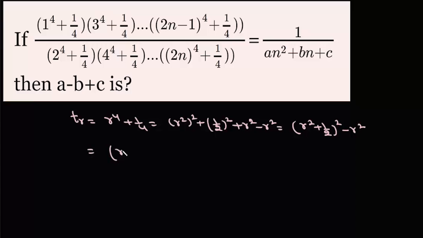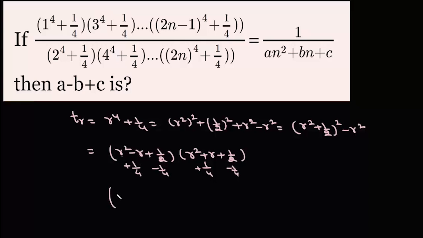So we can write this as (r square minus r plus 1 by 2) and (r square plus r plus 1 by 2). Now what we'll also do is we'll add 1 by 4 and we'll subtract 1 by 4 in both the terms. Now this again is a square plus b square minus 2ab.